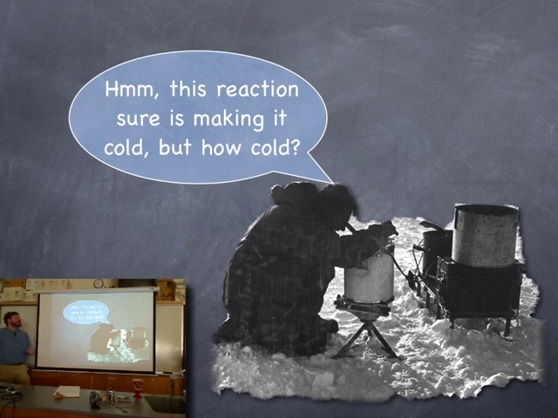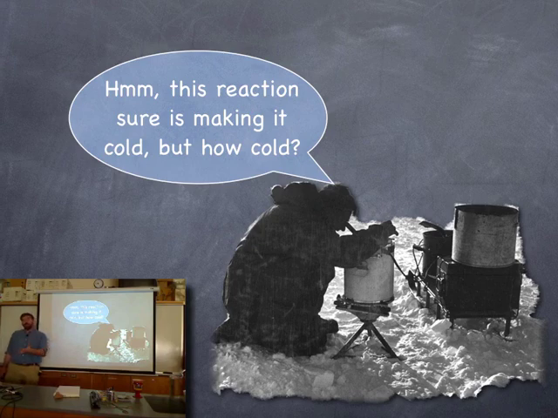So we want to be able to calculate how much heat a given reaction will absorb, and how much reactants we need, things like that. We want to be able to calculate the enthalpy change, the delta H, on a per mole value, because that's what we need to actually do our calculations.